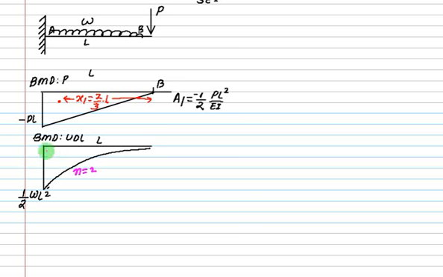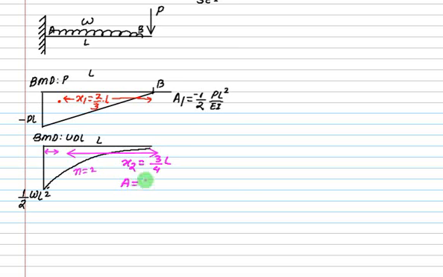From this side, what is the value of x bar? It is 1 by 4 L from the height side, and from the opposite side x2 is 3 by 4 L. What about the area?